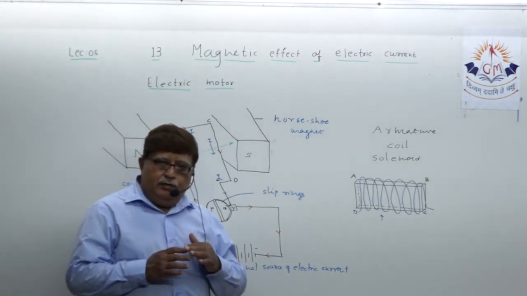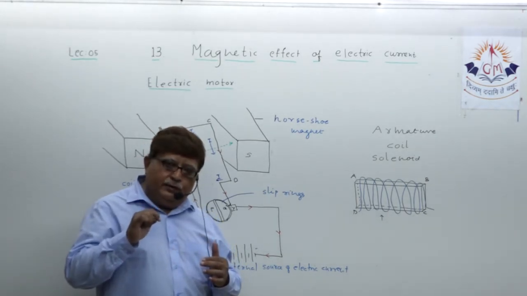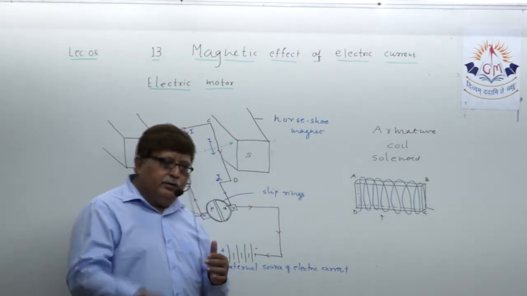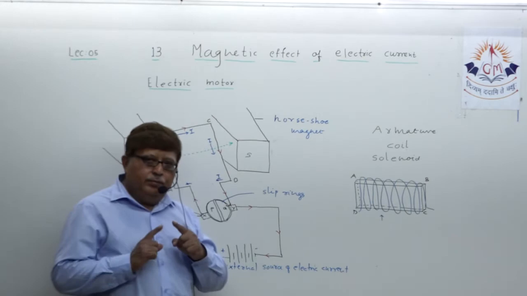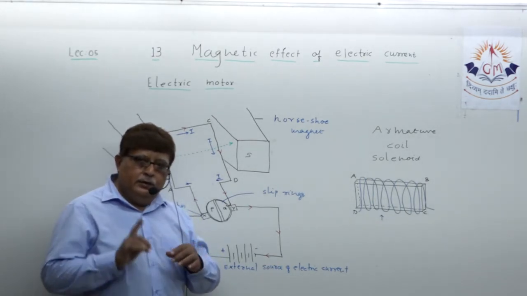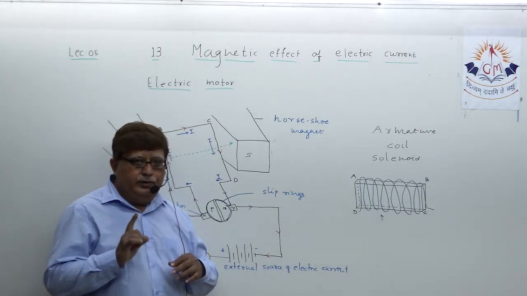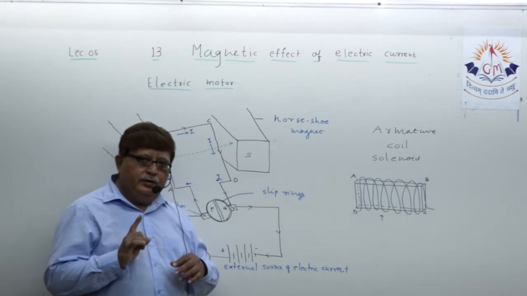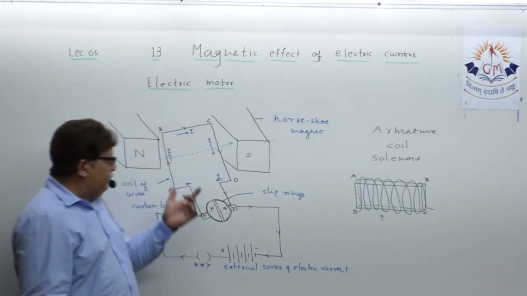For electromagnetic force to apply on the conductor, the direction of magnetic field and electric current has to be perpendicular to each other. On which edge are you seeing that?